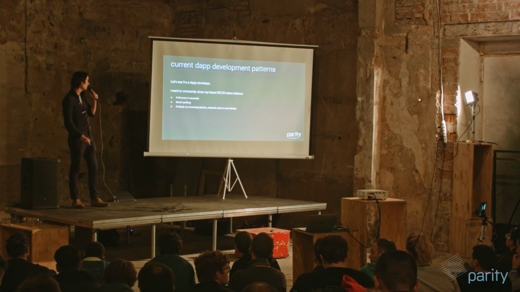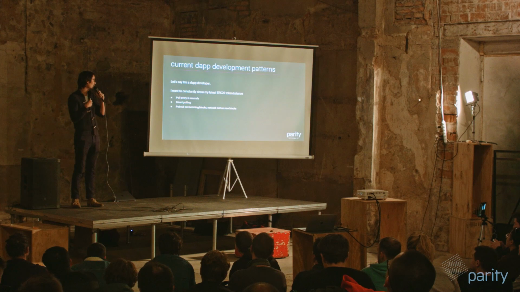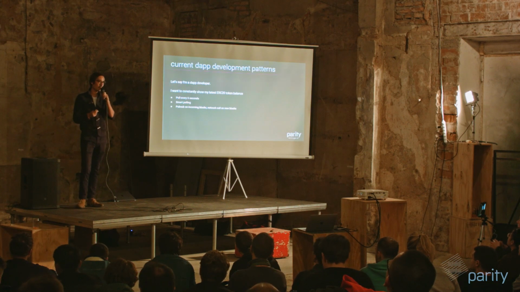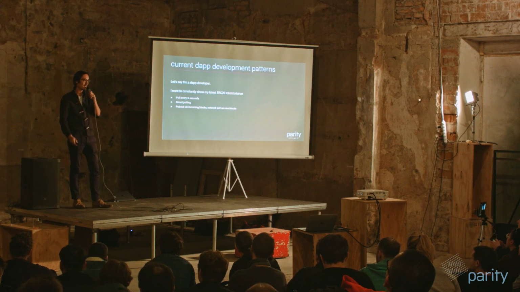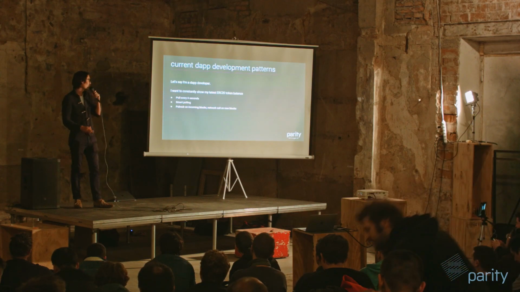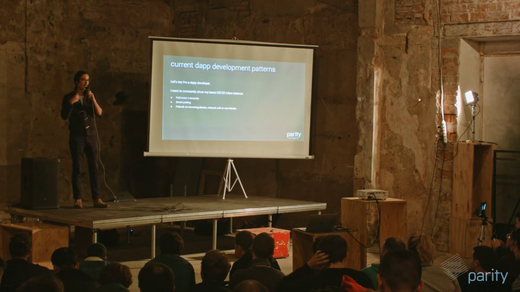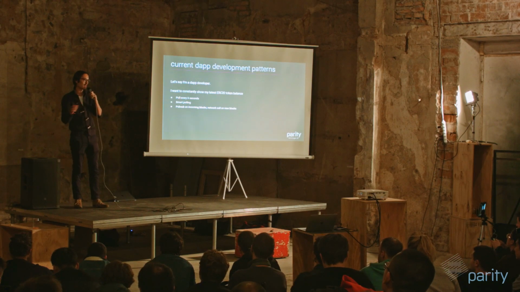There are some other patterns that are a bit more thought out. Let's say there's this thing called PubSub where you can listen to a certain channel and you get push notifications every time something happens. It only works on some of the data on the Ethereum blockchain. For example, it works on headers. You can listen to new headers and you say, okay, I'm pretty sure that between two blocks there's nothing happening.